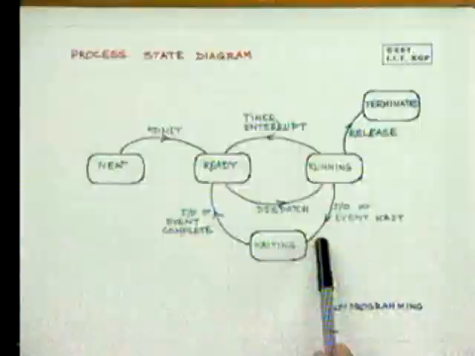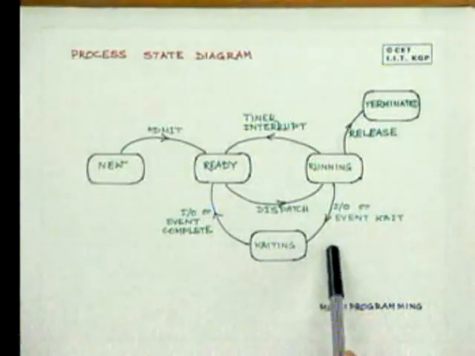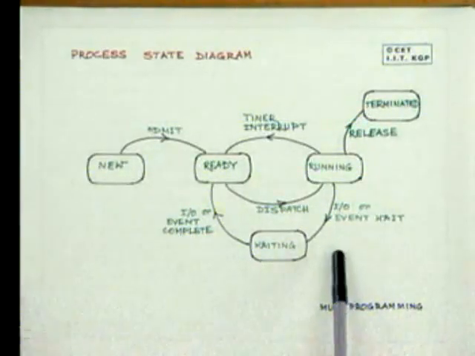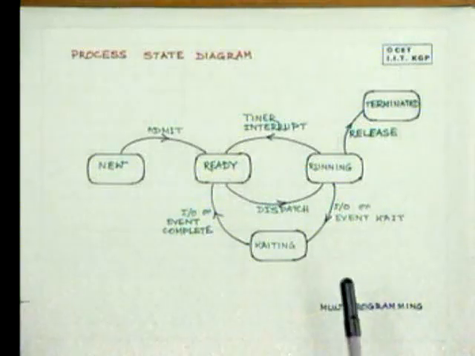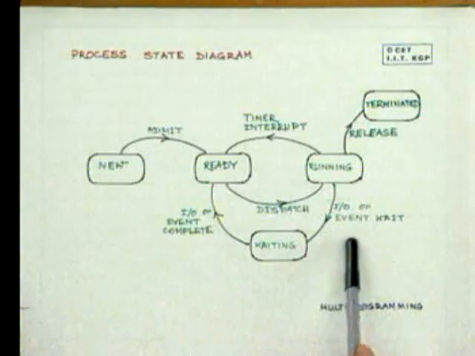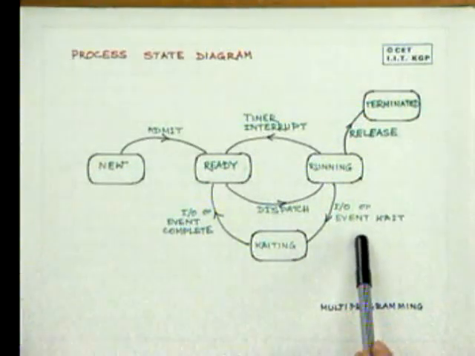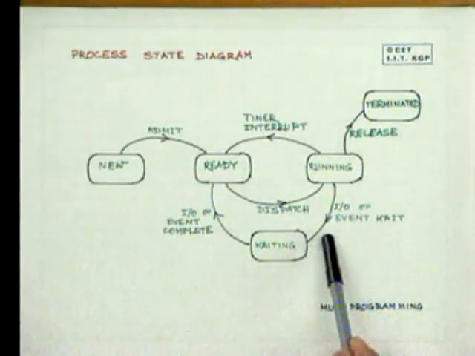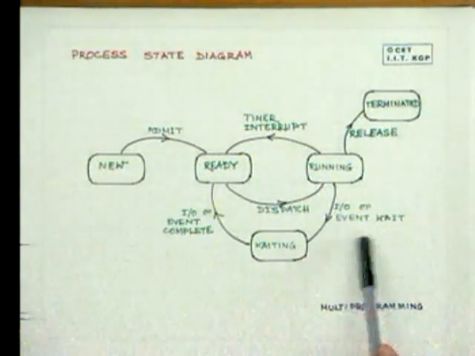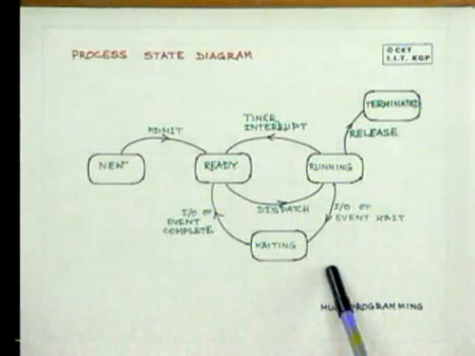Therefore, there are many reasons that processes get in the wait state, and due to the many reasons, many wait queues may be created, instead of one wait queue. That means all the processes which are waiting for a particular event will be put into one wait queue. So there may be many wait queues.